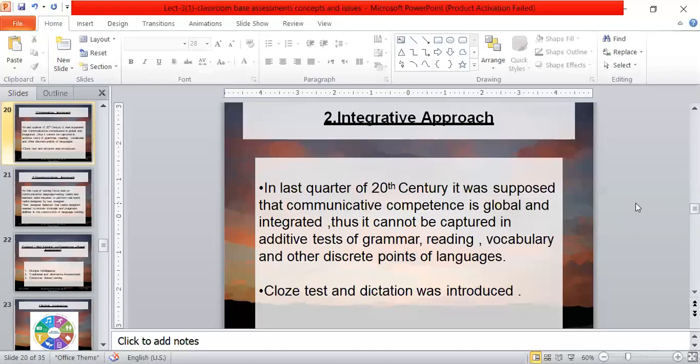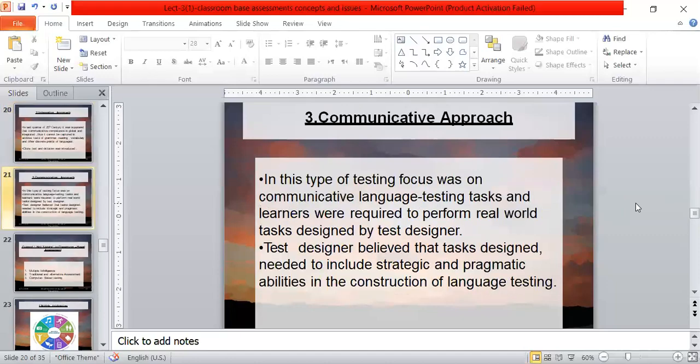So it cannot be apportioned from these. Cloze test and dictation were introduced for this purpose.